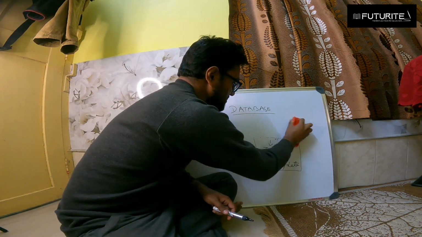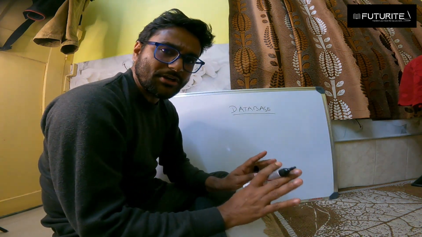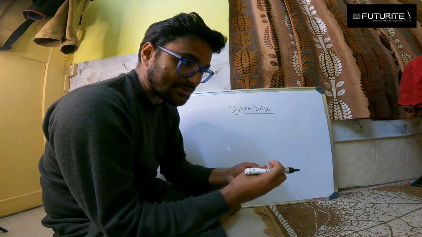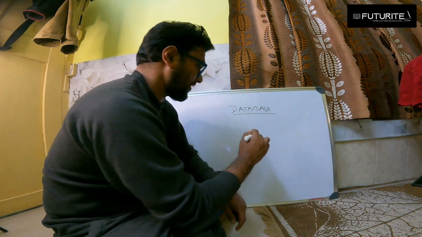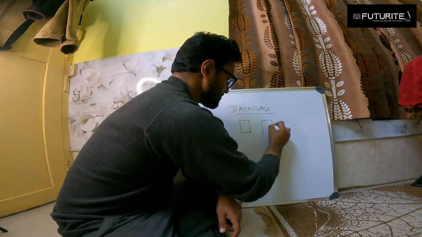Now let me make you understand how a database operates. Only this you need to understand; I am talking for developers, the persons who want to be developers. The database operates as a three-tier architecture.